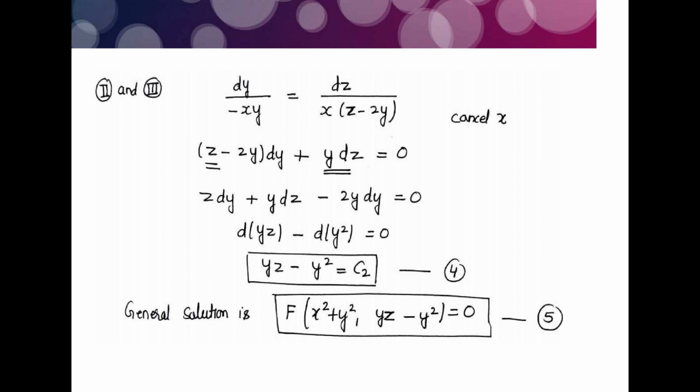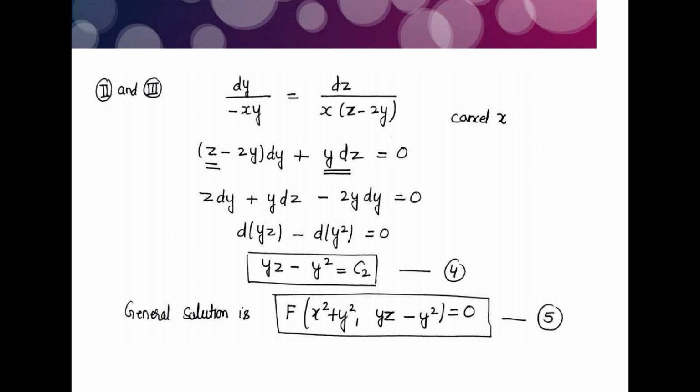Cancel x from this one, cross multiply. Now this is first order ordinary differential equation. You can solve it by any of the techniques, starting from the exactness, variable separable if it is feasible here, or regrouping, Leibniz linear differential equation, any of the forms. Here I am using regrouping technique.